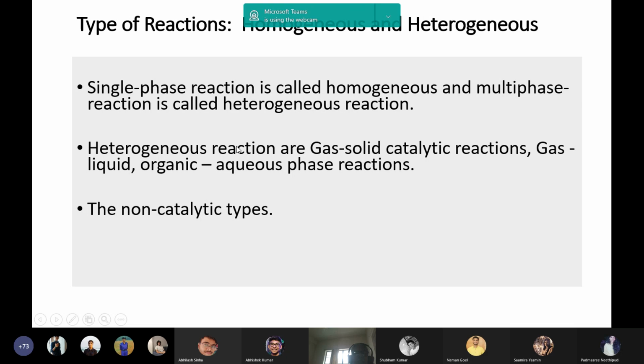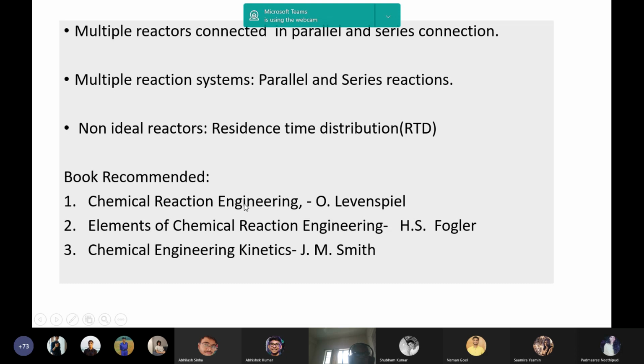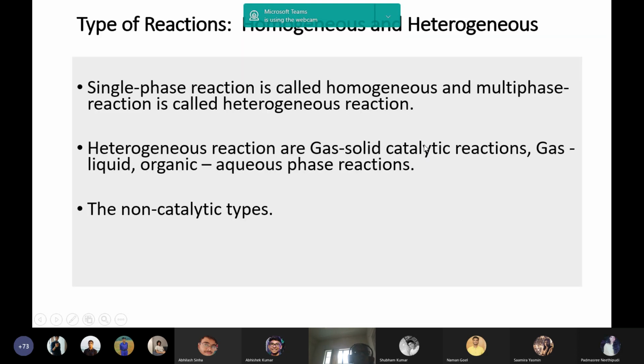In heterogeneous there are mass transfer effects, then catalytic properties, that is pore volume, study of pore volume distribution, surface area measurement, etc. All these things are involved in the heterogeneous section. So for my portion, you can consider up to non-ideal reactors.